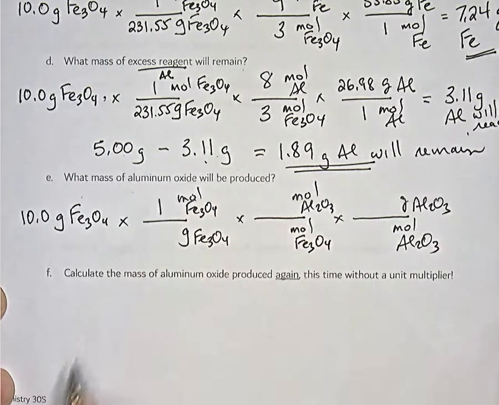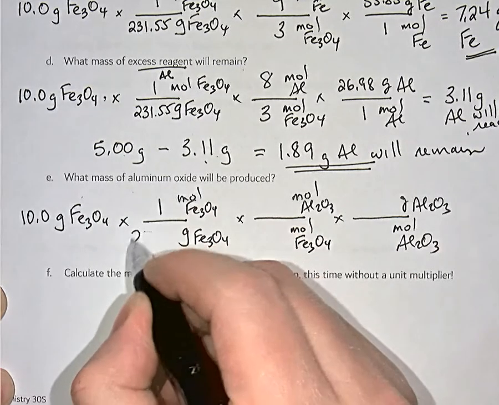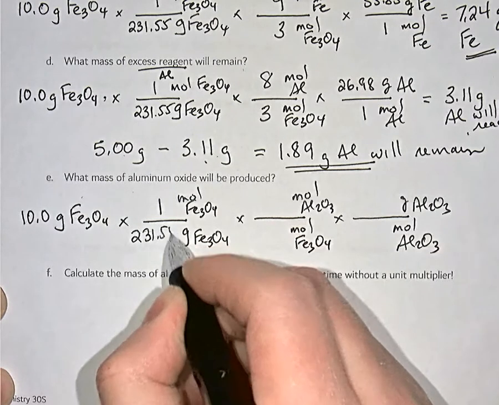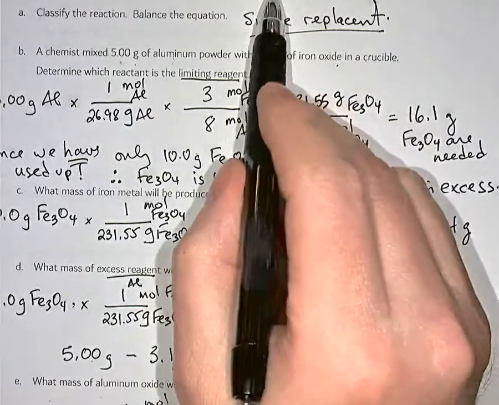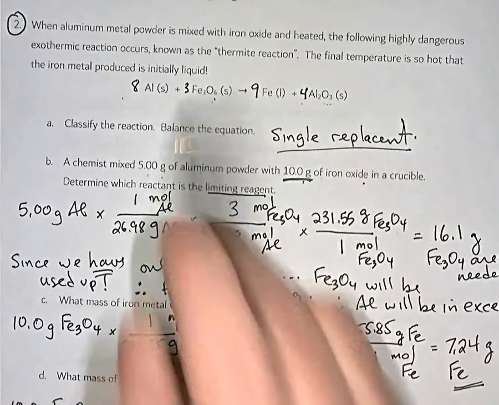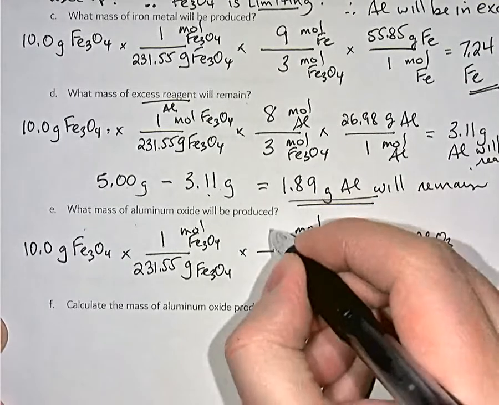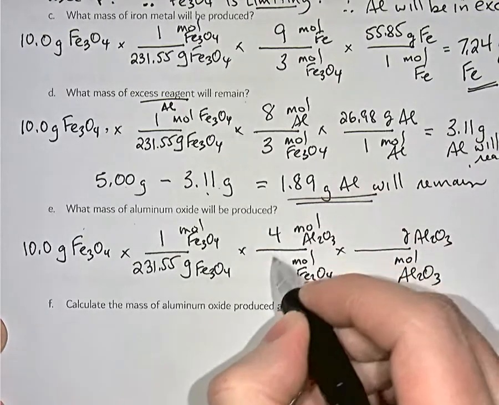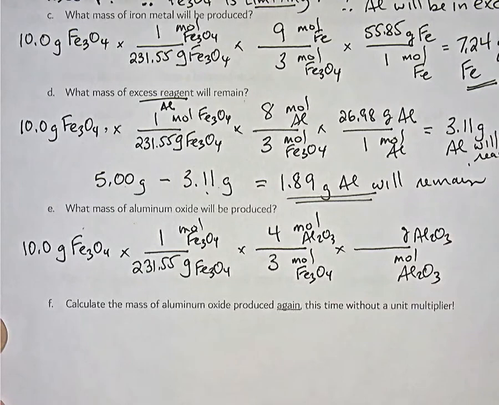The first one we've used several times: 1 mole is 231.55 grams. From the balanced equation, 4 moles of aluminum oxide for every 3 moles of iron oxide.